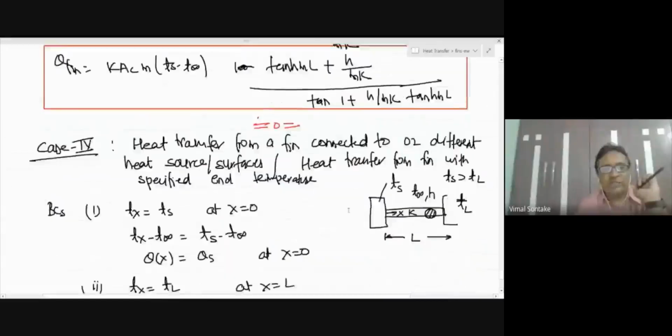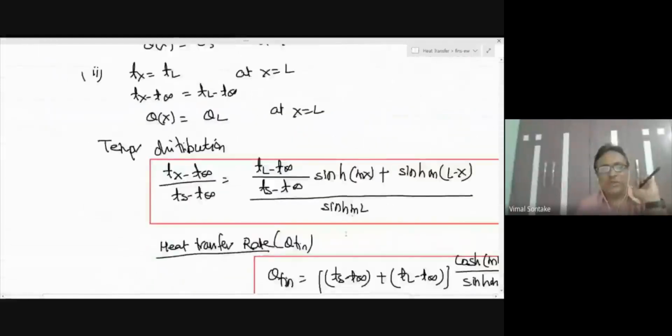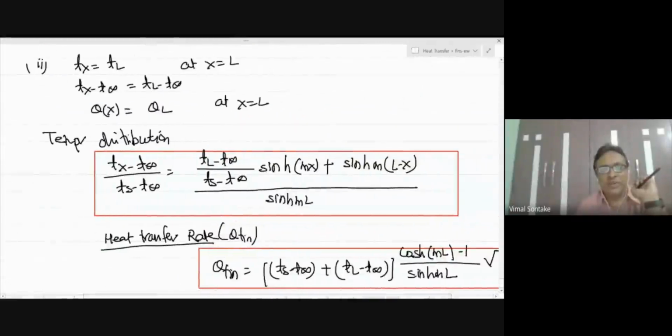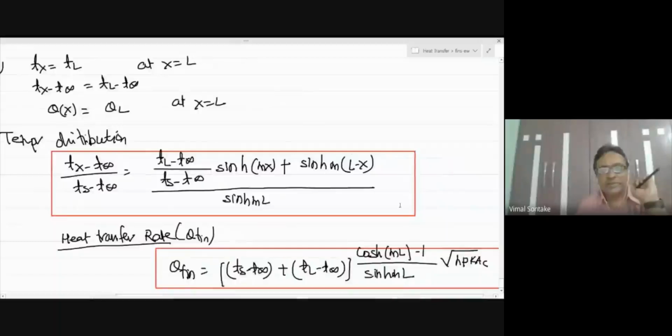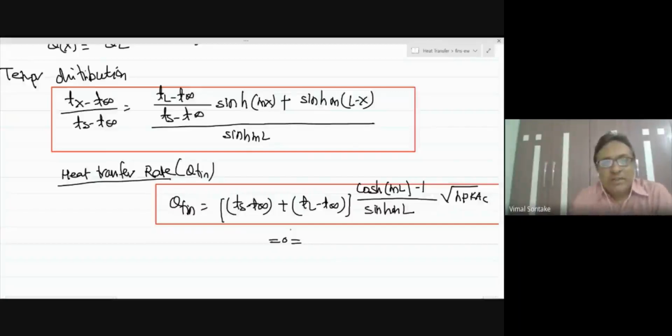And finally, for case number 4, when the fin is connected to 2 different sources or its tip is at a specified temperature TL, this will be the temperature distribution, and this will be the rate of heat transfer from that fin. So this way I could analyze one-dimensional steady-state heat transfer from a fin under 4 different cases.